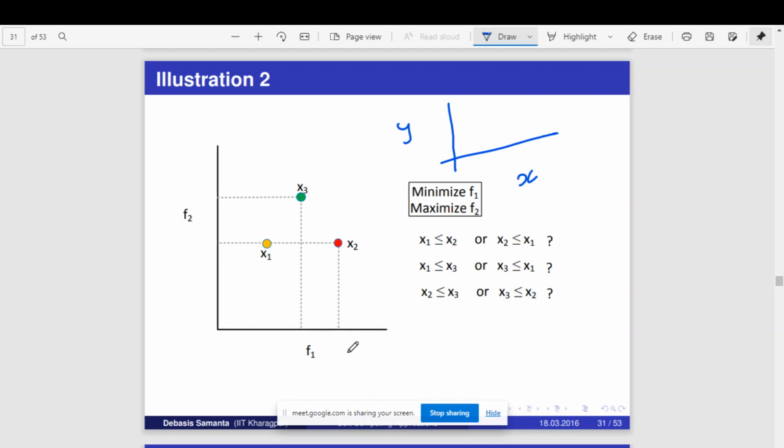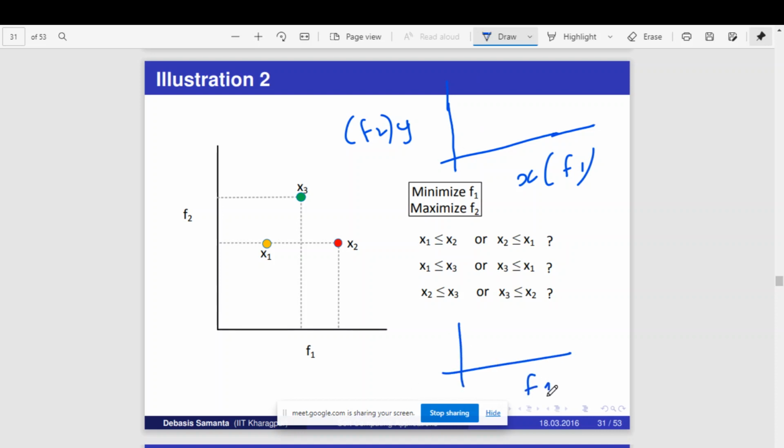Minimizing f1 means we want to bring something towards left. The more it is minimized, the more it will come towards left. Maximizing y means you are moving towards top. So first let us clarify these things.